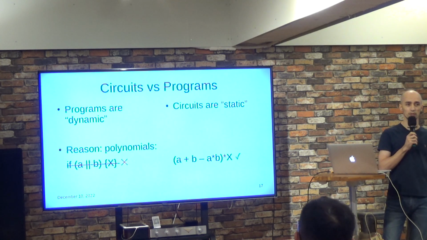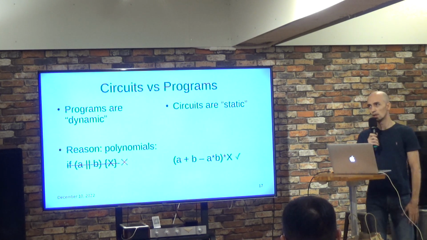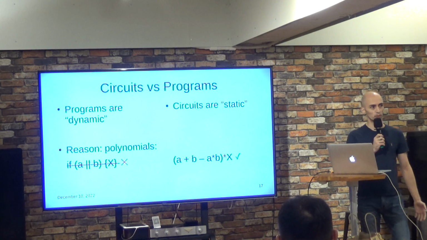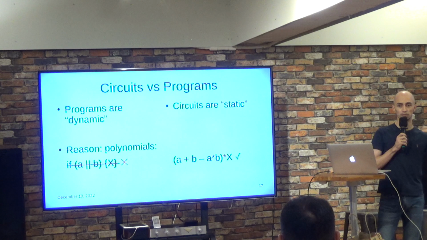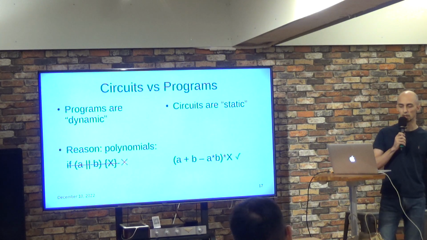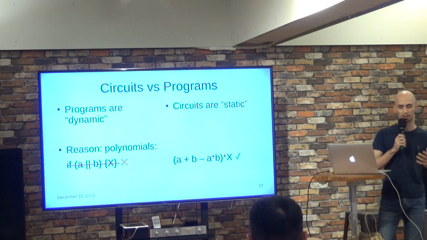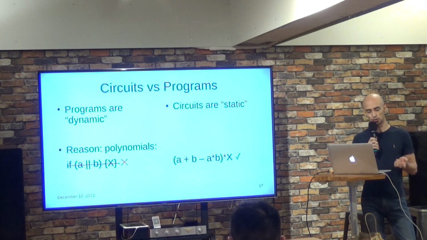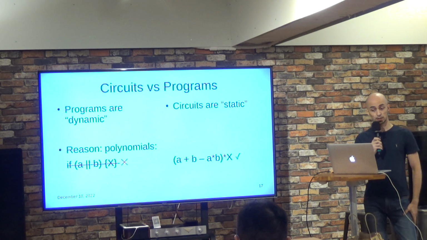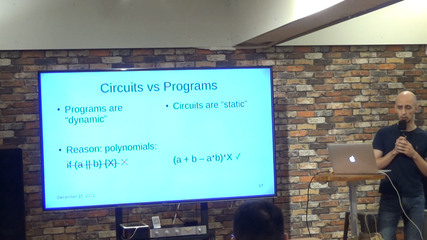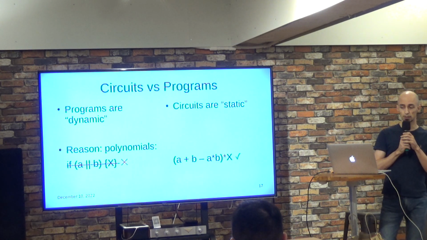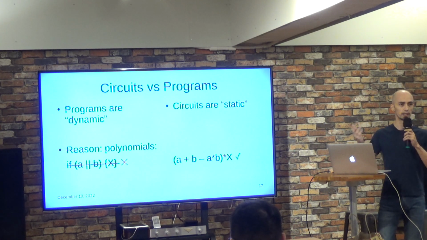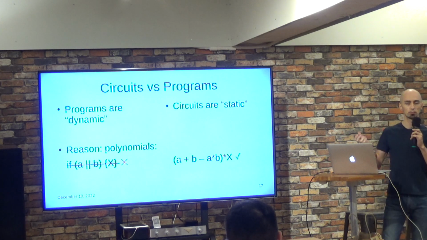Colloquially speaking, programs are dynamic, so there can be loops with an unknown number of iterations, like while loops. We can jump out of the loops, so in general the control flow is not firmly defined, and there can be branching statements, if statements, but in case of circuits, it works a little bit differently, because if we had a statement that is dynamic, then how could we prove it?